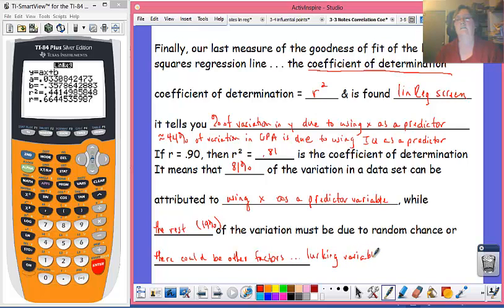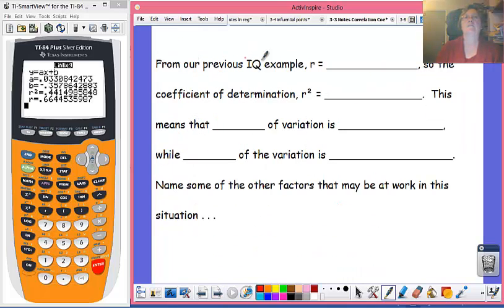So I'd like us to think about that in terms of our example. From our previous example, R was about 0.664, so the coefficient of determination was around 0.441. That means that around 44.1% of the variation is due to using IQ as a predictor.